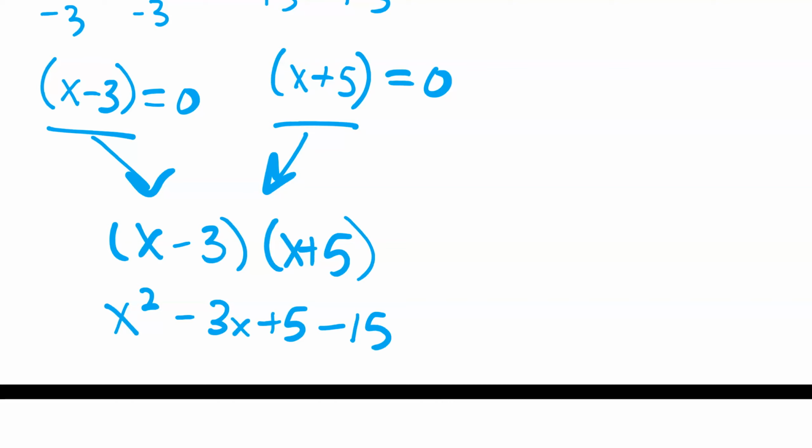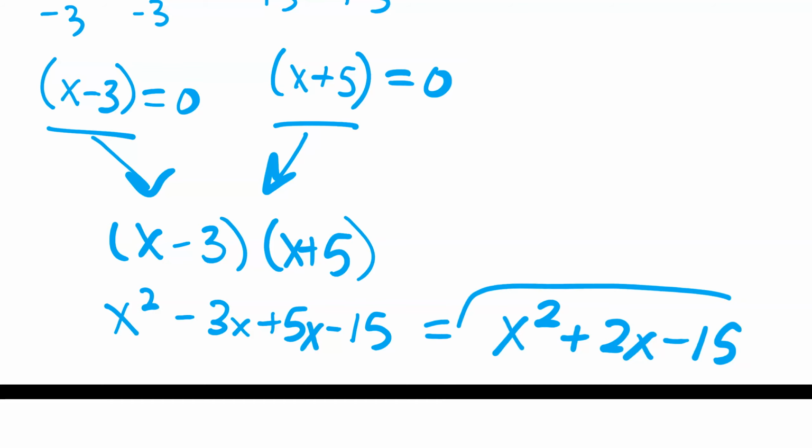Remember, if I have a quadratic and I write it in factored form, like number 14, I set each factor equal to 0. Since x minus 3 is set equal to 0, I know that's one of my factors. So I'm going to take my two factors and multiply them together. So this is going to be x squared plus 2x minus 15.